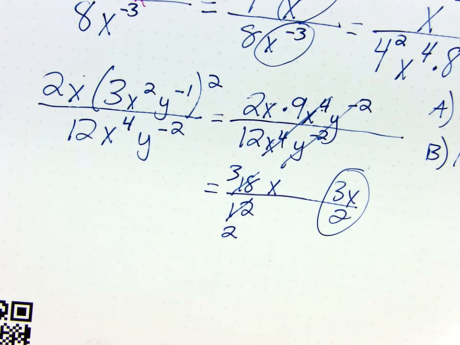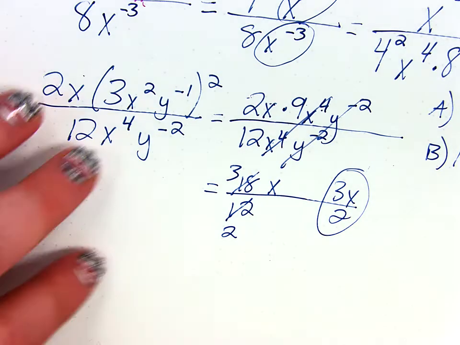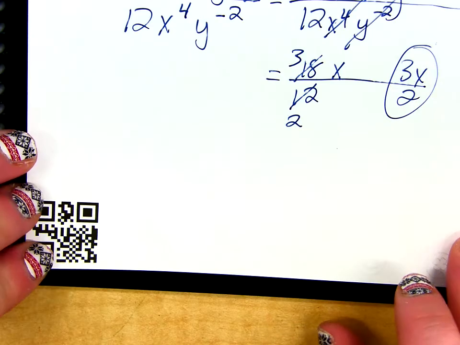All right, so that's the gist on the properties of exponents. Now, also in this unit was scientific notation. A couple things about scientific notation.